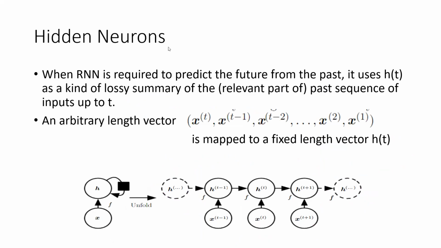When the recurrent neural network is required to predict the future, it uses the HT, or the information at the hidden neuron at time t, as a lossy summary of the relevant part of the past sequence of inputs up to t. Let's say I'm talking about this point.